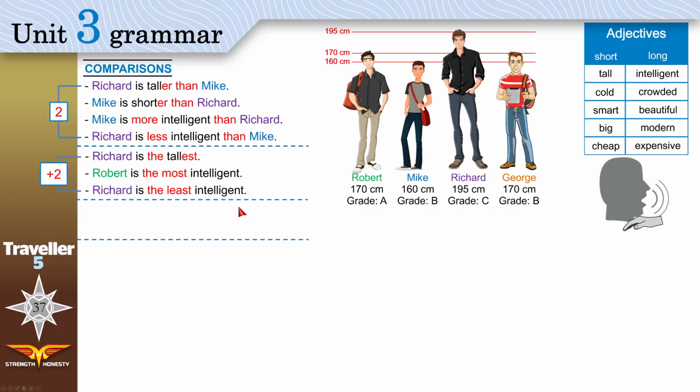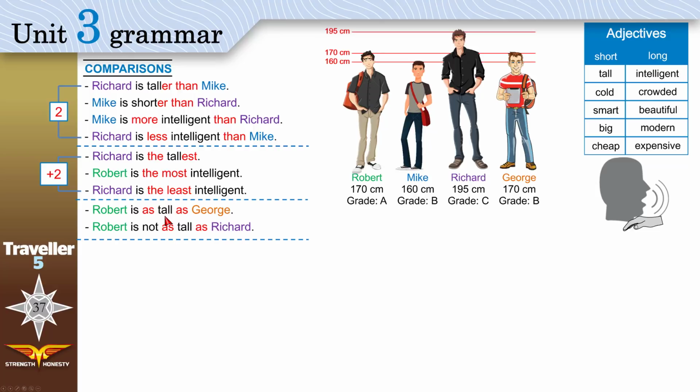Now we move on to equality. Equality means they are the same. Robert is as tall as George. Both of them are 170 centimeters tall. As tall as means the same. Very easy. Use the adjective, short or long, doesn't matter. You can say as beautiful as, intelligent as, expensive as, doesn't matter.